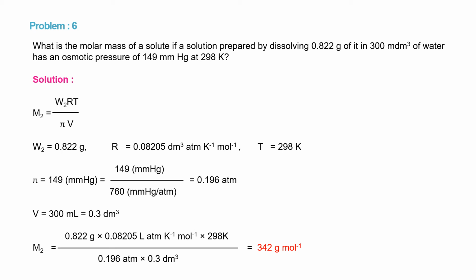Now as we know, W2 is known, R, T, pi are known to you, V is known to you. So you can find out M2 from this.